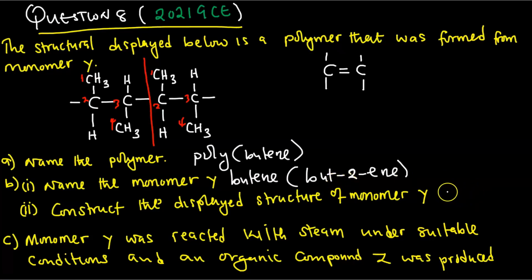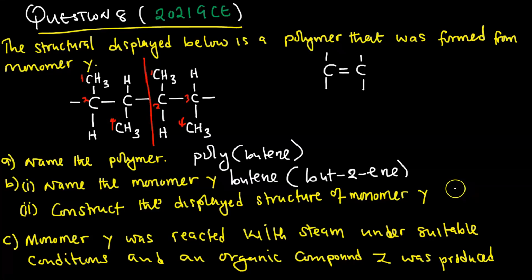In this case, it will be at carbon number 2. How do I know? Look at this: whatever is breaking here, this was the double bond. Even here, this was the double bond. Now look at this: we have 1, 2, 3, 4. So the double bond is at carbon 2. That is how you look at it.